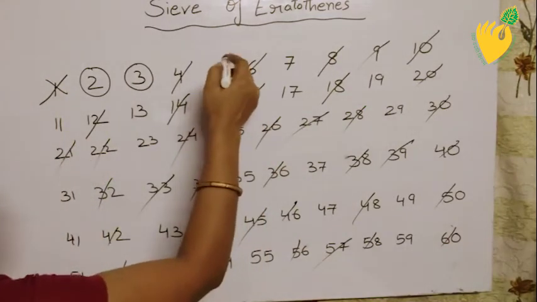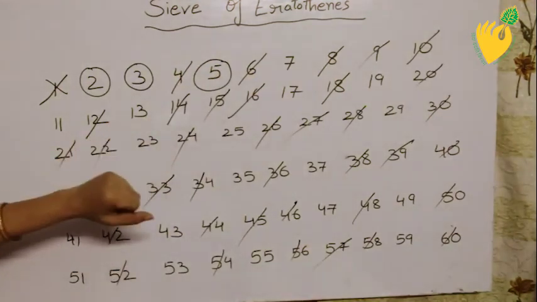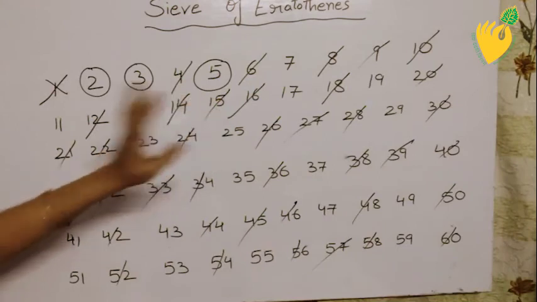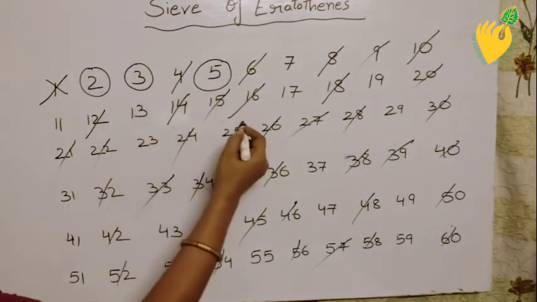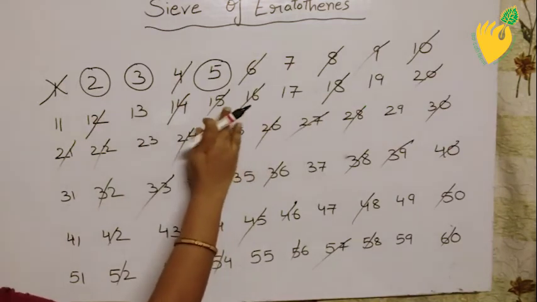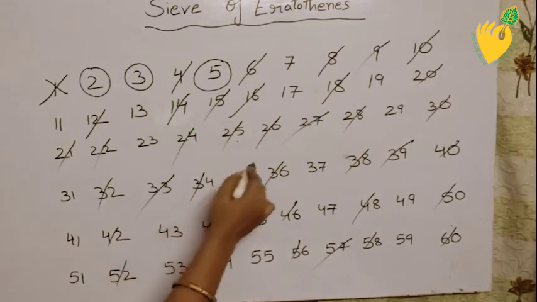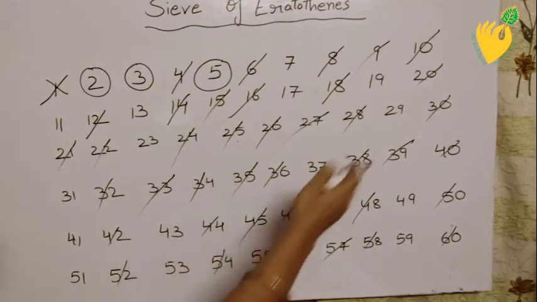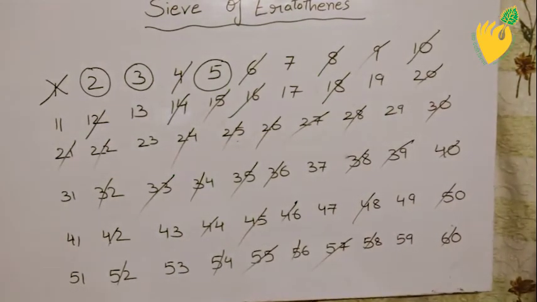5, which is not crossed out. Now, encircle the 5 and cross out all the multiples of 5. So, 25, 35, 45 is already cut down, and 55.